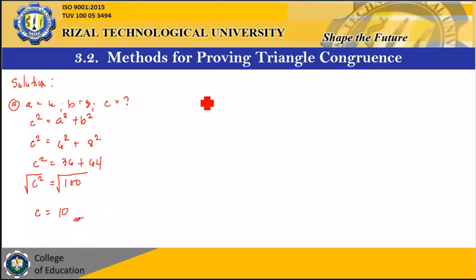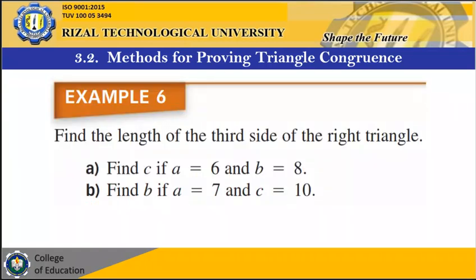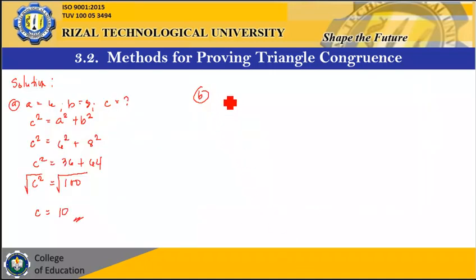Okay, for letter B, B is unknown. A is 7 and C is equal to 10, and B is unknown, which is what we are to find. So we know that the formula is c squared is equal to a squared plus b squared. Then let's derive a formula so that we can find the value of b.